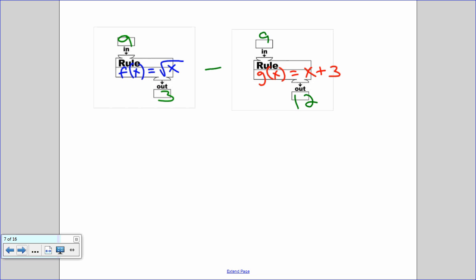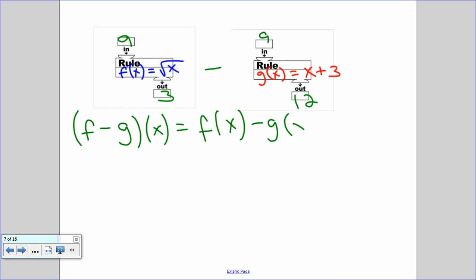And this time, though, let's subtract the two machines. So I could write f minus g of x, which is the same thing as f of x minus g of x. And then with numerical values, it looks like this.